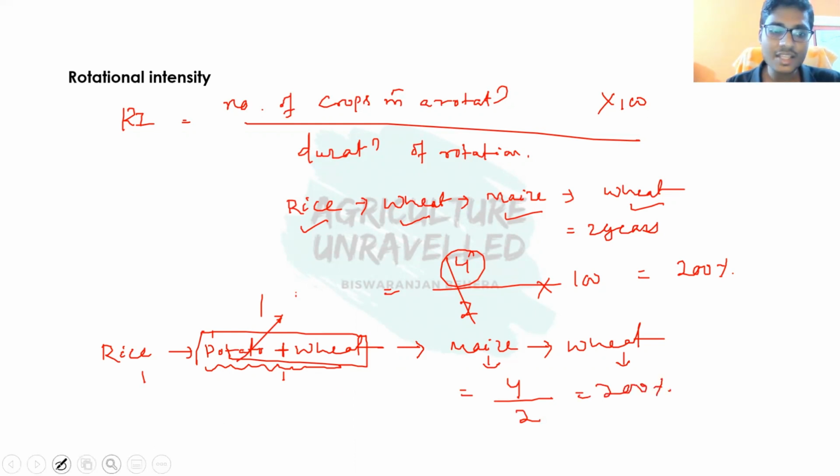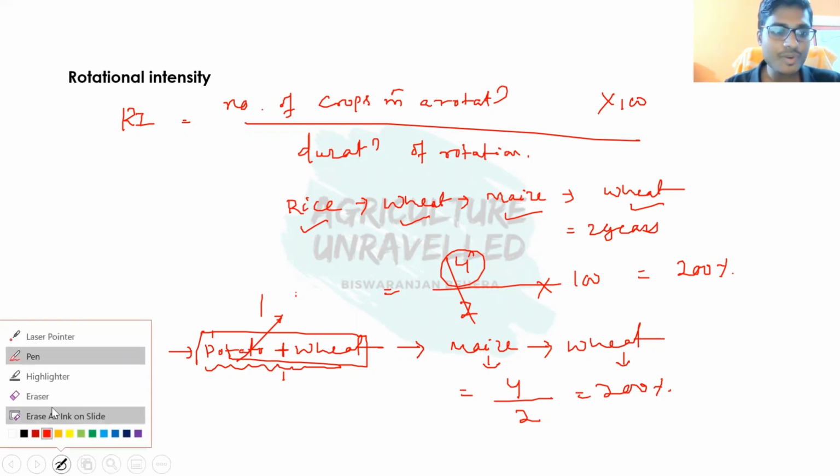Then coming to the next, I will give another example. Actually, we'll cover these things in detail in the third part, where we will discuss different numericals related to cropping intensity or cropping systems. Another example I would like to cite: rice crop followed by sugarcane.